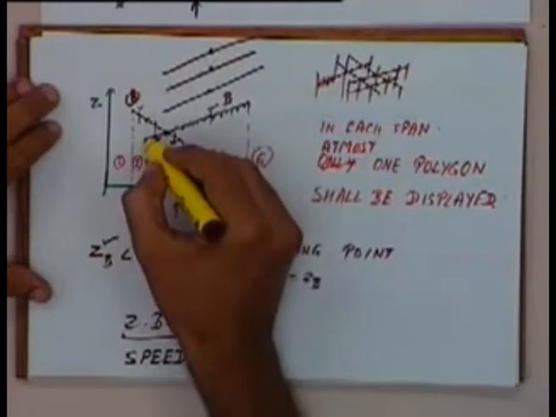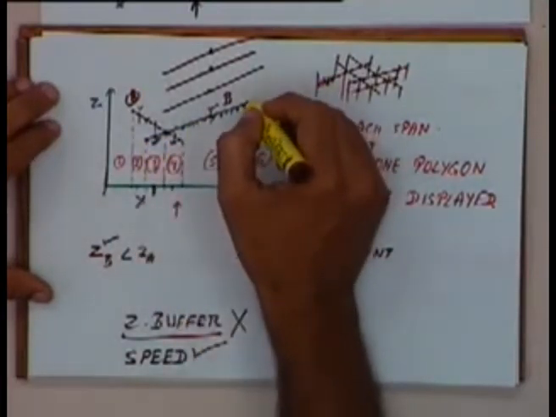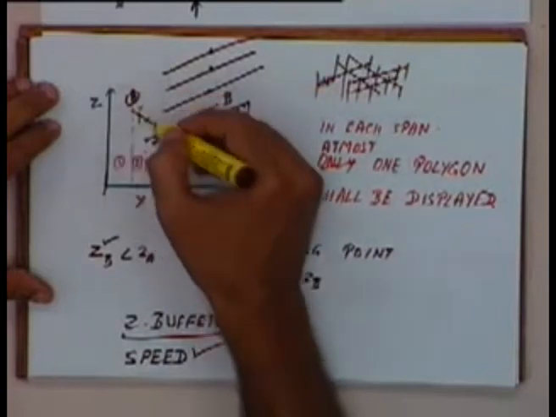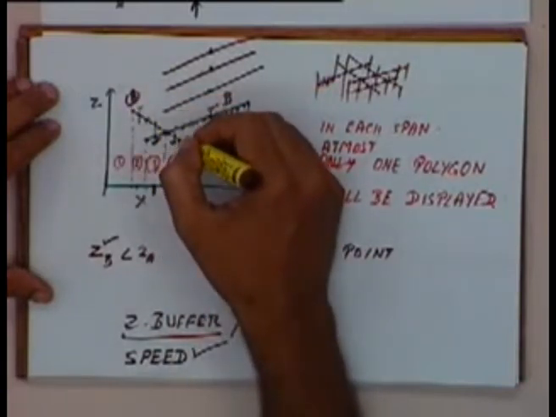This point is going to be on the active edge list, this point is also going to be on the active edge list. Similarly, this point will be on the active edge list and this point will also be on the active edge list.